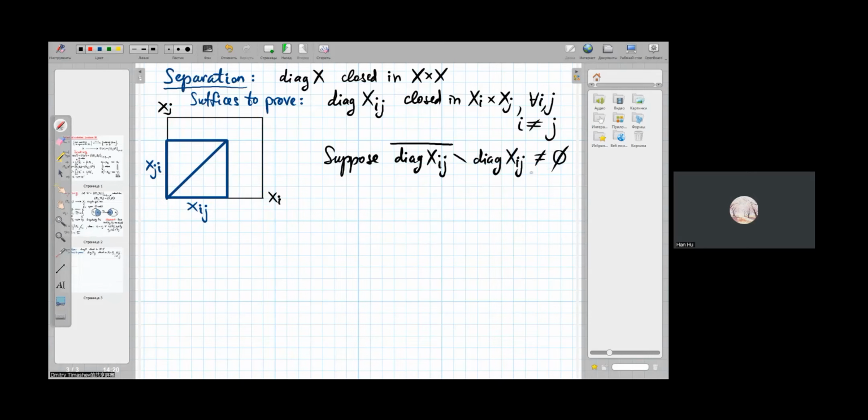Of course, all these varieties are G-stable, stable under the action of G. So Xij is G-stable, the diagonal of Xij is G-stable, its closure is G-stable, and the boundary set, the complement of the diagonal in its closure, is also G-stable. And if it is non-empty, then it contains some G orbit, say Y. So Y is a G orbit in this boundary set.